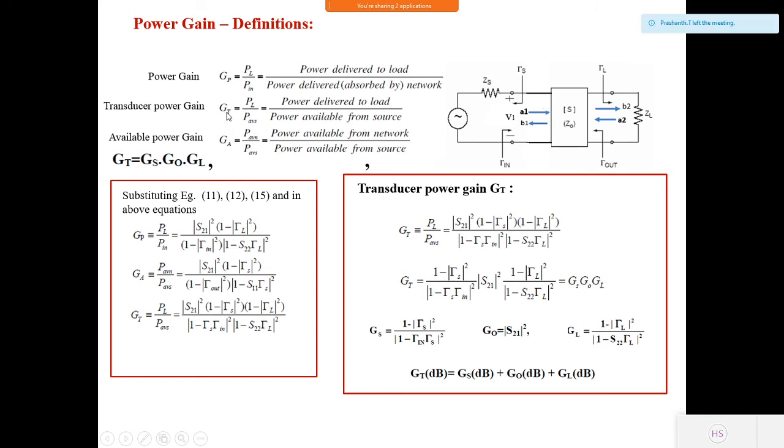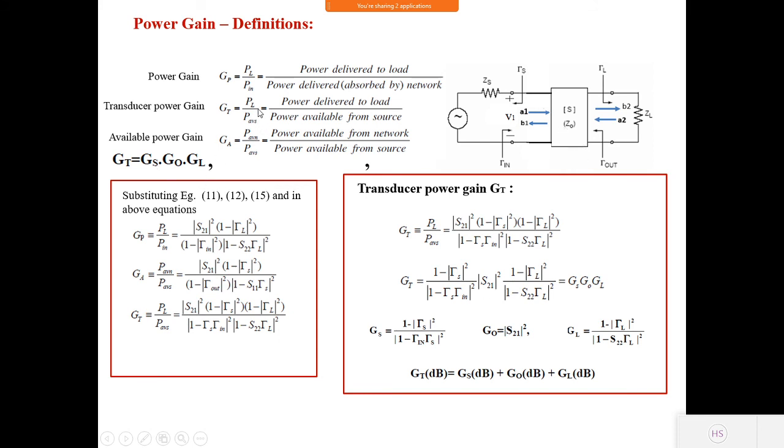That depends on the parameters here. GT equal to 10 depends on all these parameters. So how do we fix it if I want a gain equal to 10?